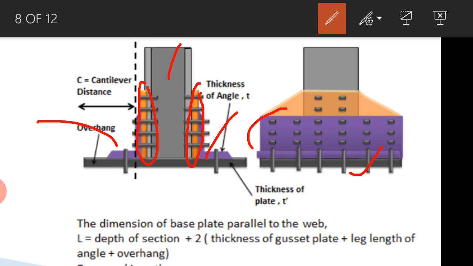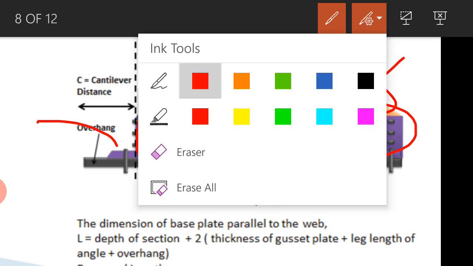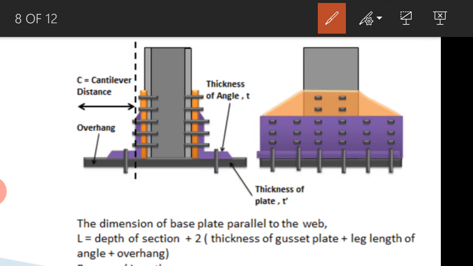This purple color is nothing but the angle, this cleat angle, and over that this part again is what? Gusset plate. Okay, so here again see, first there is a column flange, second we have gusset plate, and third we have cleat angle. See how the assembly is.